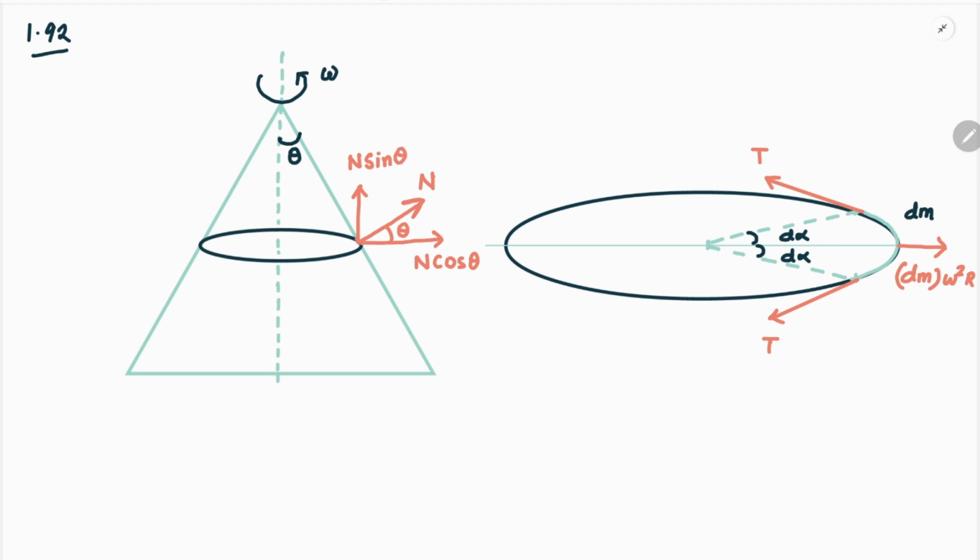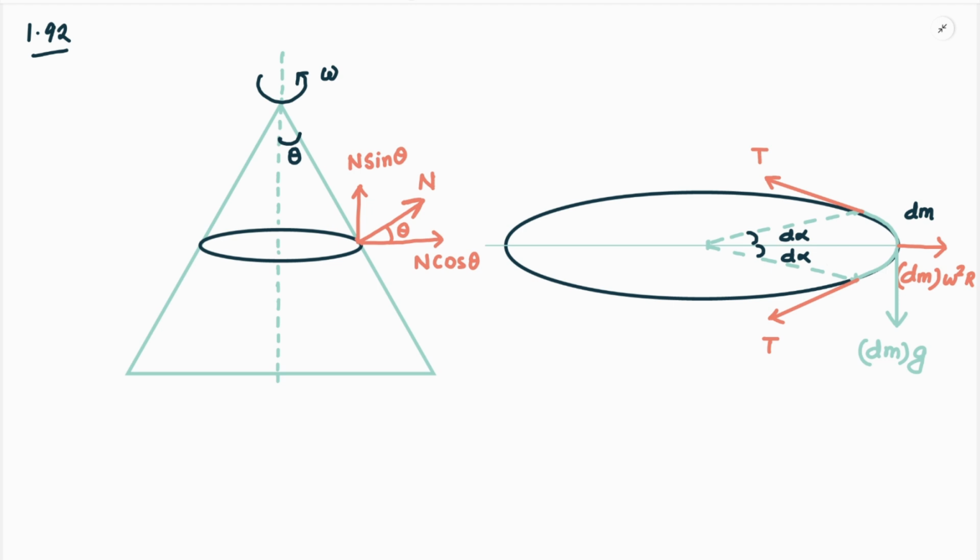The first thing we need to understand is the forces which are to be balanced. Again, the patch which we have marked will have its weight in the downward direction, which we mark as dmg.